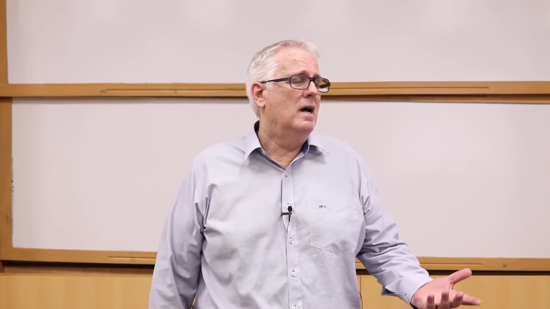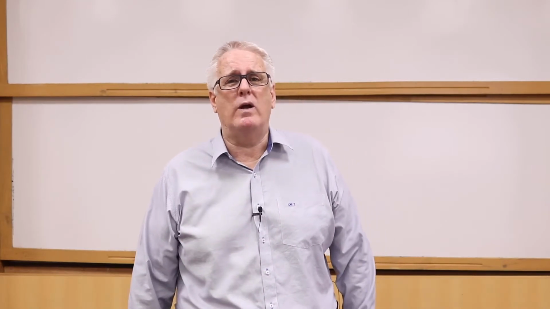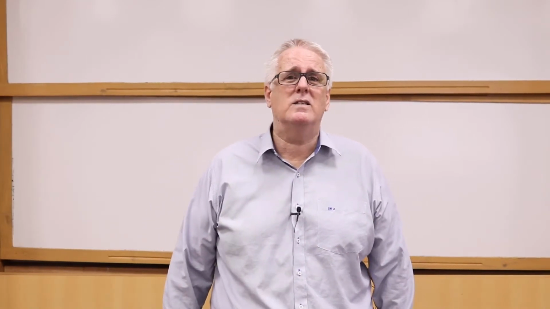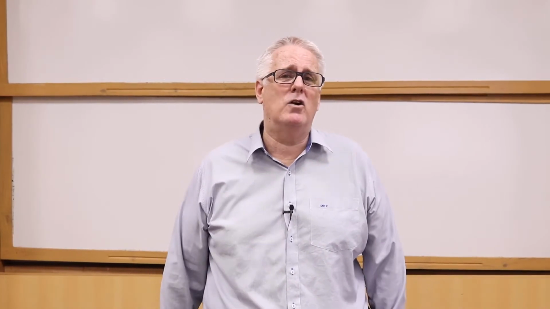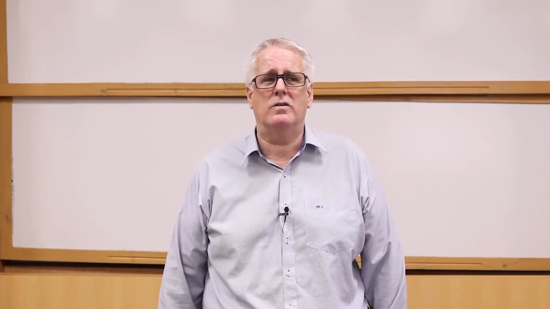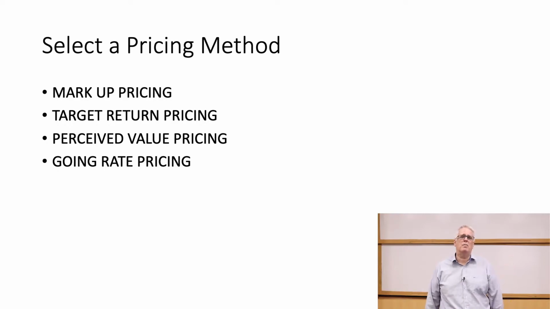Okay? Now the fourth one is what we call going rate pricing. Going rate is looking at your competitor and saying, what can I charge? Well, it's largely dependent upon my competitors. Now if I take the first one, markup pricing, markup pricing says, look at your costs, and that sets the floor for your price.